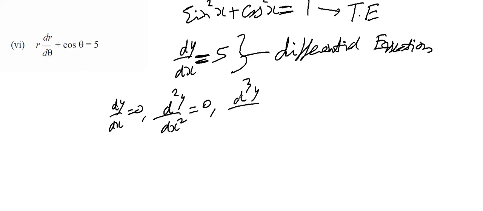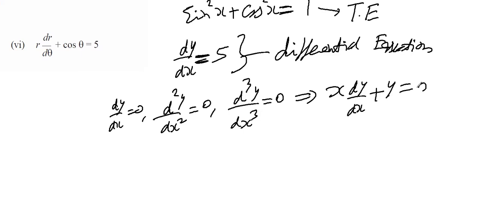You can even have combinations like x dy by dx plus y is equal to 0. We have already studied these earlier in the chapters on differentiation and application of differentiation, chapter number 1 and chapter number 2.